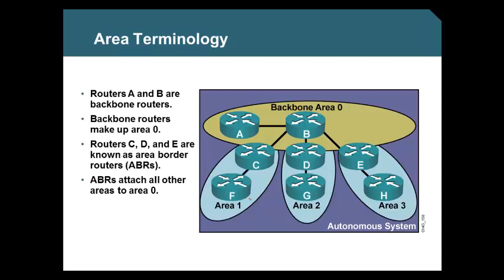Is it true or false? Yes, it is true. ASBR is the reason for an autonomous system to learn the networks of another autonomous system. Yes, no? Yes, sir. Thank you, sir.